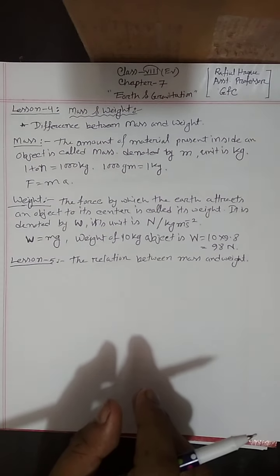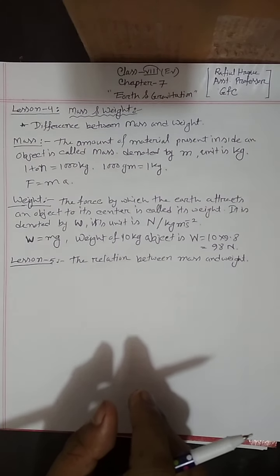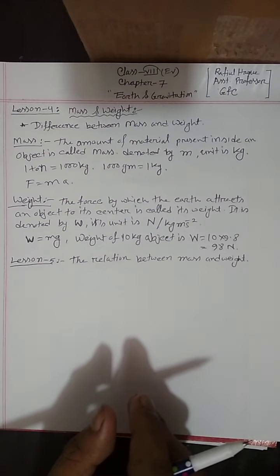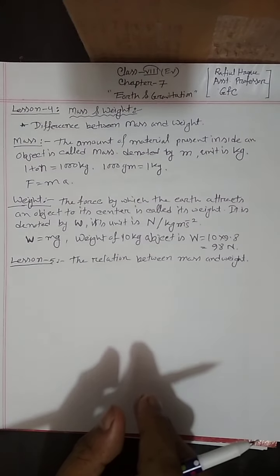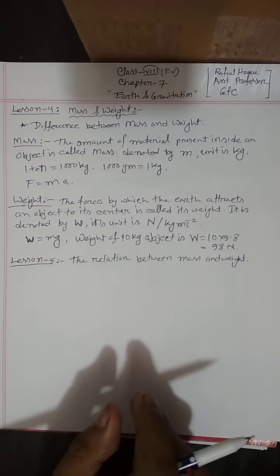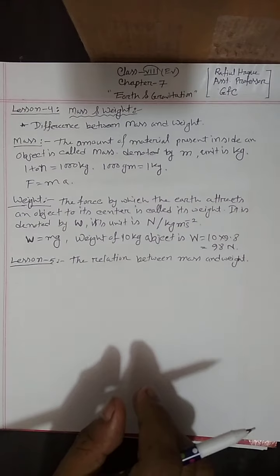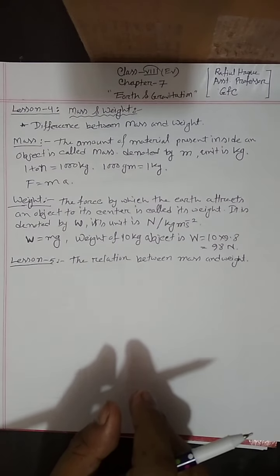Since the mass of an object is constant, its weight changes due to the change of the value of g. As one goes more and more above the surface of the Earth, the weight of an object becomes less.